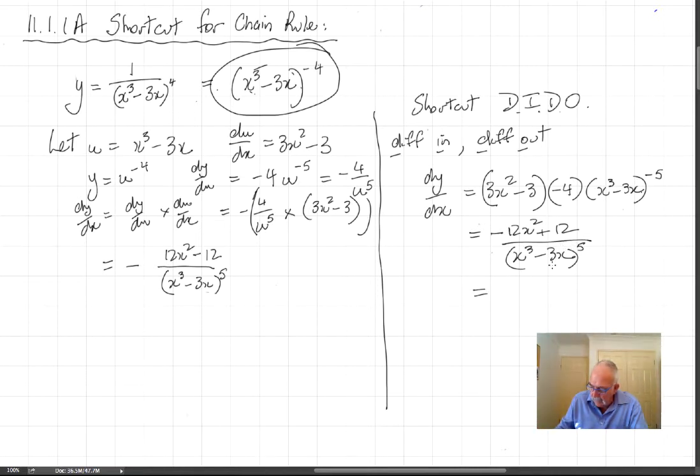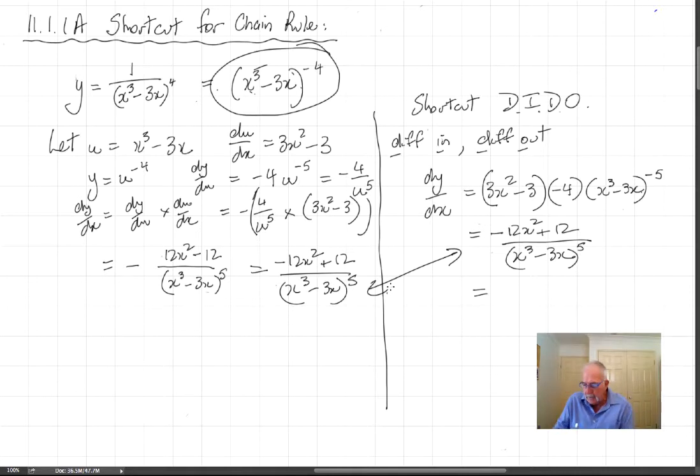We could actually go that extra step over here: the negative in front will make that positive into a negative, -12x squared, and that negative will make that negative into a positive. And hopefully, have we got the same answer? Yes, we have. Okay, so you can see it's much quicker.